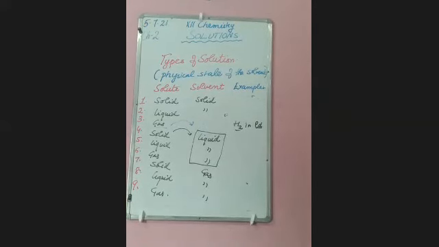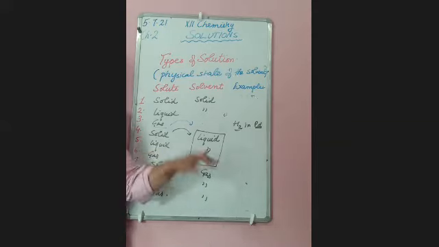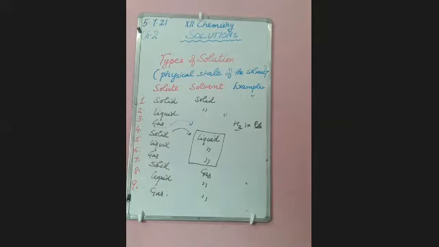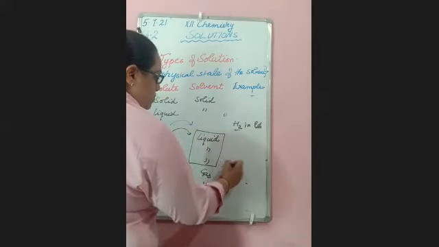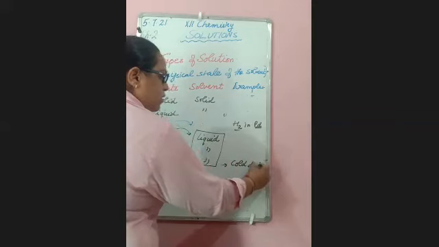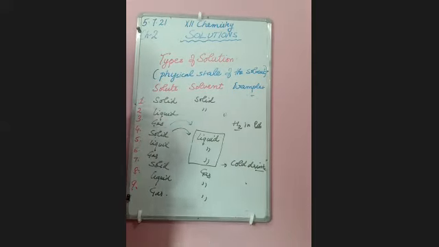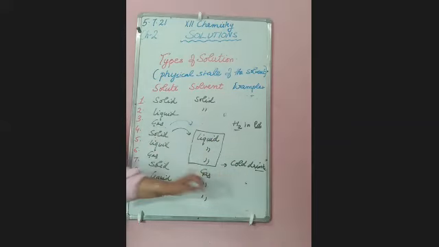Now, next is your gas in liquid state, where your solute is gas and solvent is liquid. Its common example is your cold drinks. Cold drinks. There, solvent is liquid and CO2 gas is your solute.